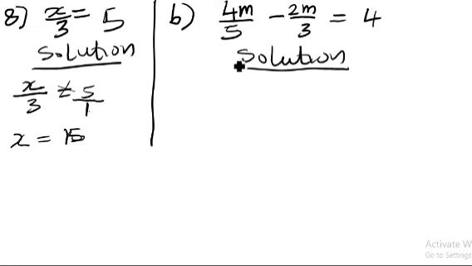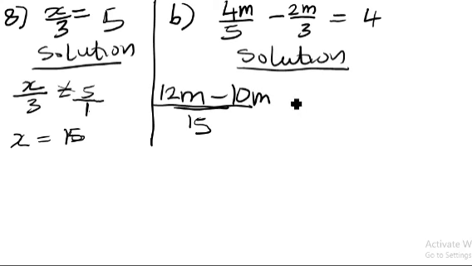LCM of 5 and 3 is 15. 15 divided by 5 is 3. 3 times 4m is 12m, minus 15 divided by 3, you have 5. 5 times 2 is 10m, equal to 4.